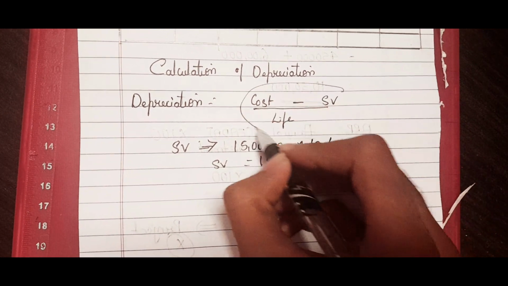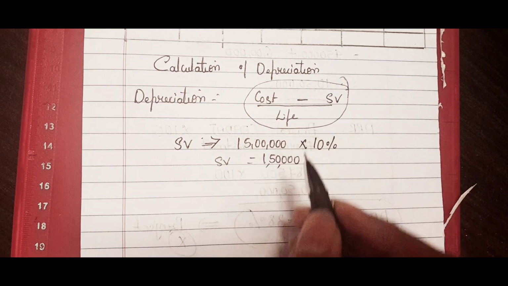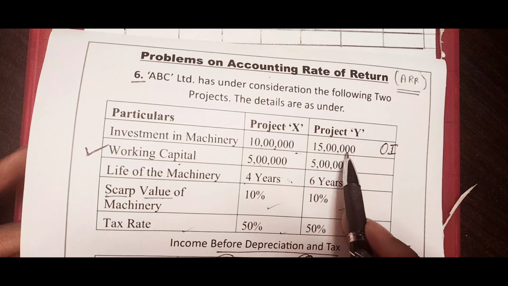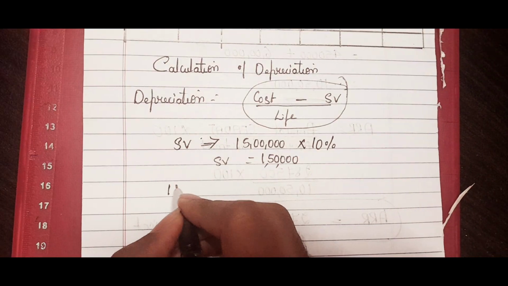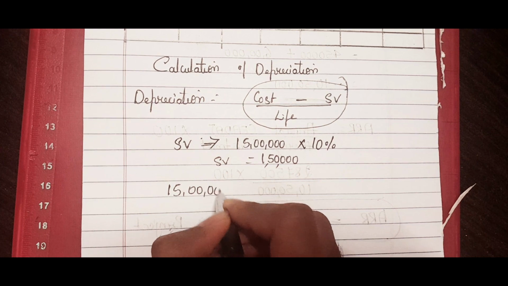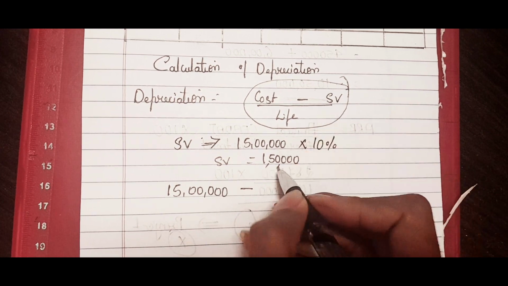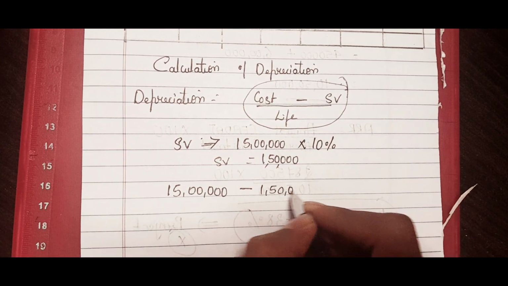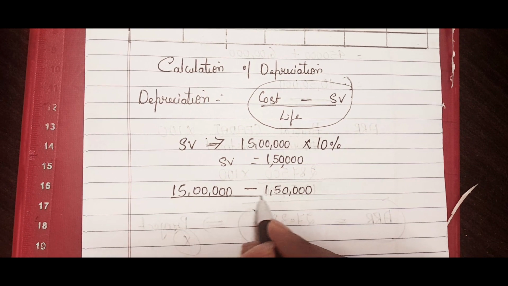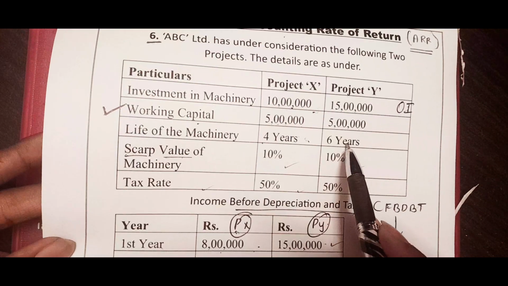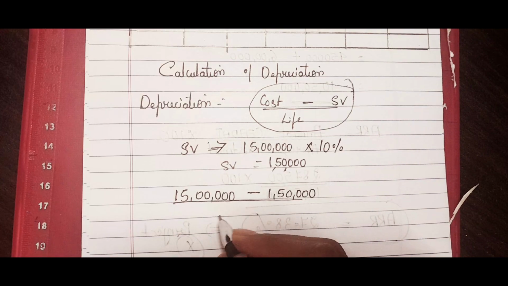Now let us apply this particular formula. Cost of the machinery is how much? It is 15 lakh. Minus scrap value, 1,50,000, divided by life. Life of the machinery is 6 years.